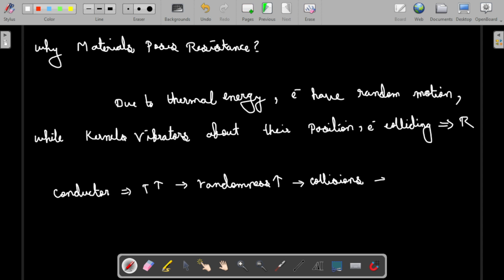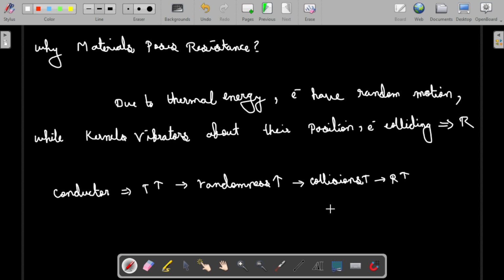Because of these collisions, resistance will increase. That is the general flow. The conductor has a positive temperature coefficient, so when the temperature increases, the resistance increases. As a reminder, conductors have a positive temperature coefficient, while semiconductors and materials like magnets have a negative temperature coefficient.